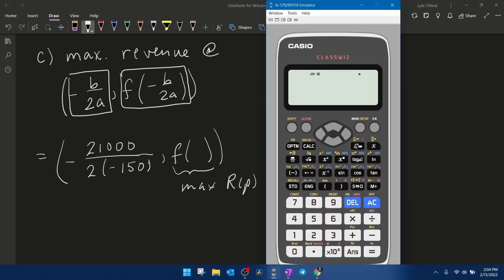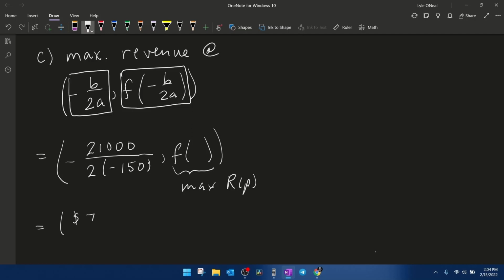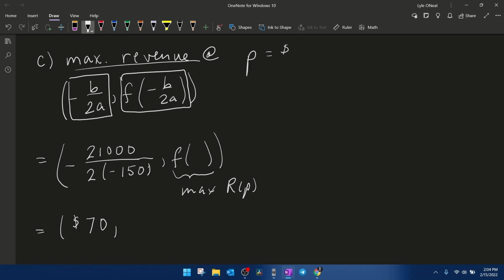So again, pulling up our calculator, we're going to have negative 21,000 over 2 times negative 150. 70. Now that's going to be price. That's going to be the price that we need to set the calculators at in order to maximize revenue. So the answer for part C, P equals $70.